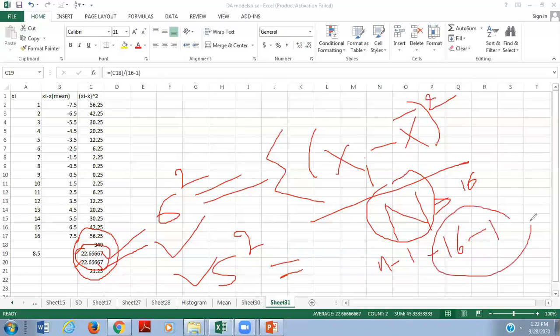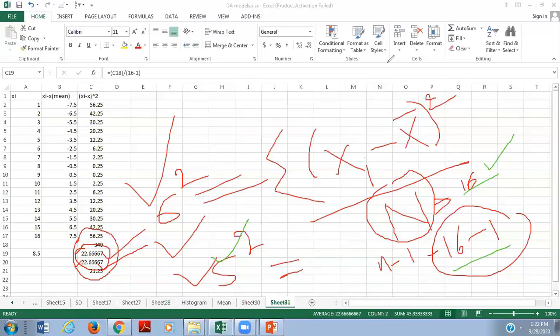So this is the difference between the population variance and the sample variance, right? This is sample variance and this is population variance. That is the difference here.